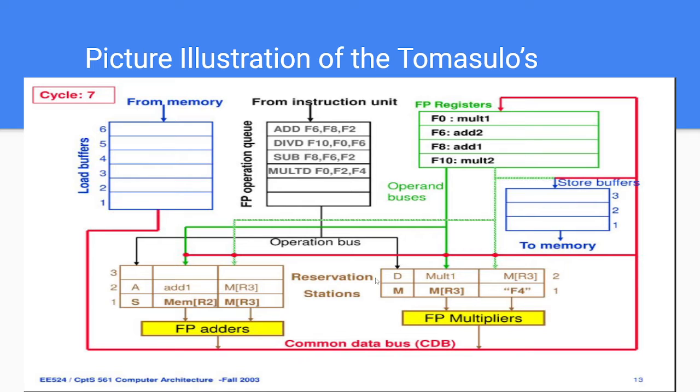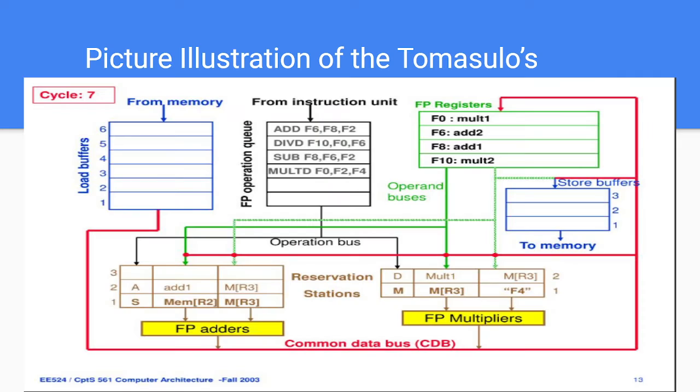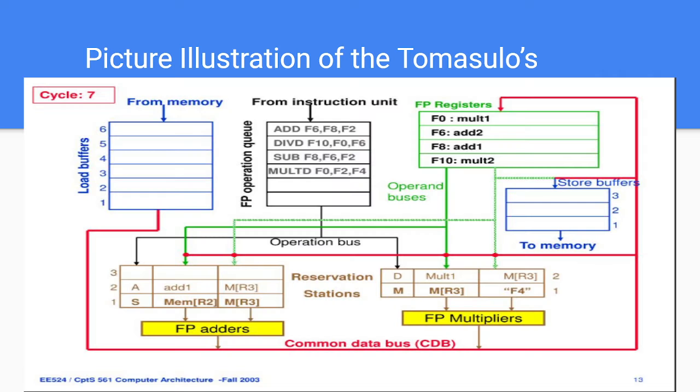When the 2 operands issued to the multipliers are available, then that will also write back the result to the common data bus. This algorithm also checks for any data dependencies.